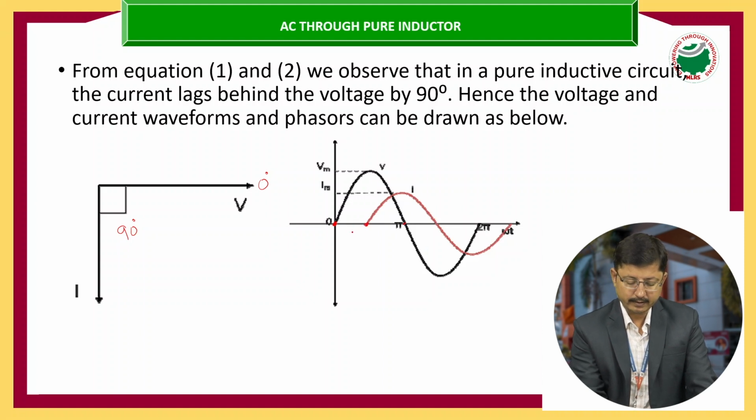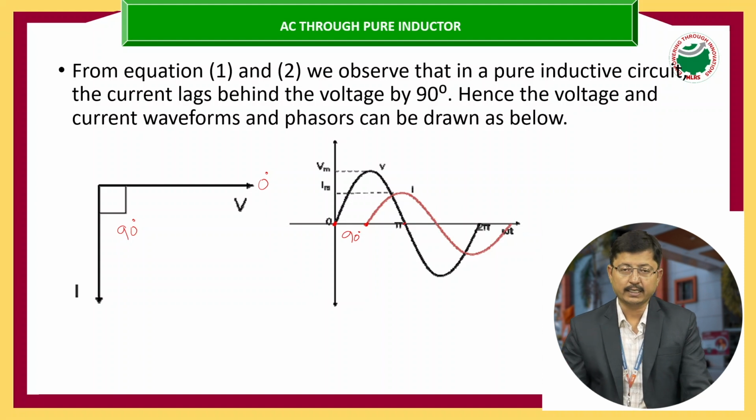After 90 degrees, or pi by 2 radians, the current starts. So from the waveforms and the phasor diagram we can say that the current I lags the voltage in pure inductive circuits.